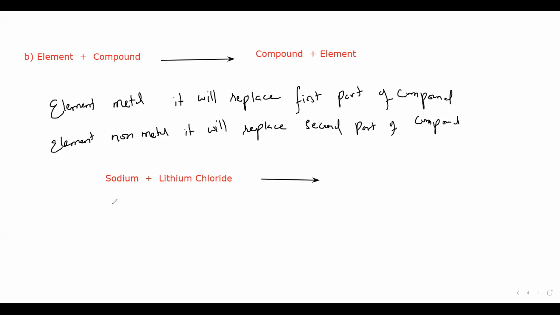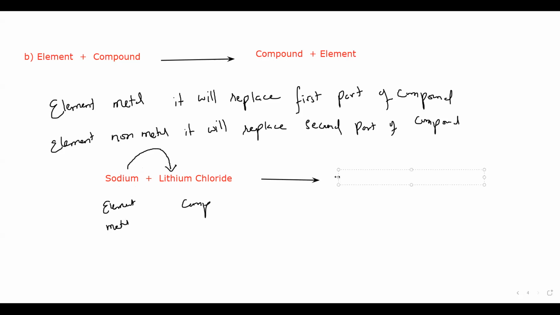Sodium is the element, lithium chloride is the compound. Now what will be the result? What we have to do is check whether this element is a metal or a non-metal. If the element is a metal, it will replace the first part of the compound. So as we know, sodium is reacting with lithium chloride, so it will replace the first part of the compound.